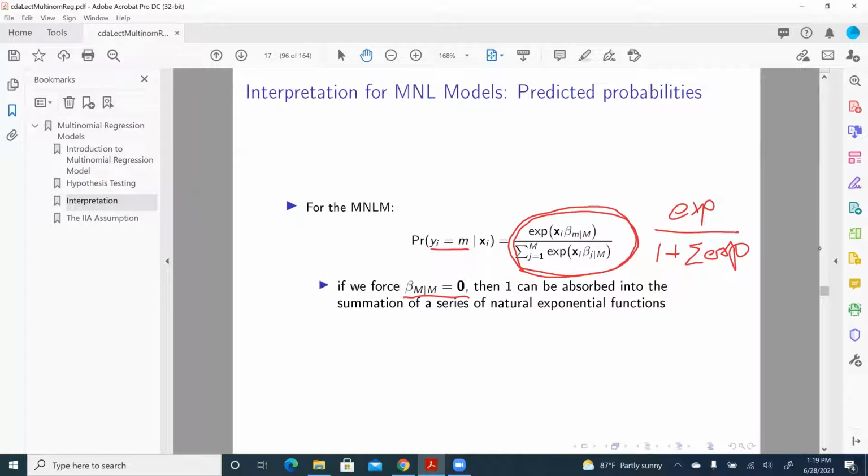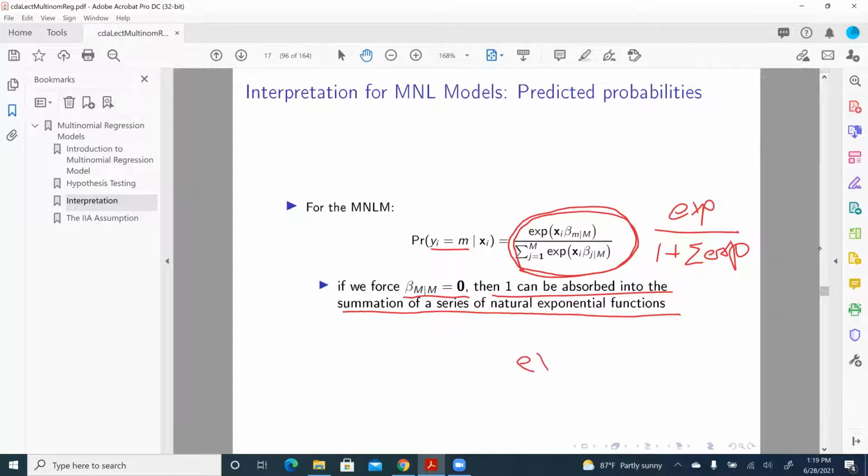If we force the regression coefficient vector of m over n, that is, the odds comparison of capital letter M versus the reference category M, they're the same, equal to 0. If you recall my discussion in one of the previous slides, then 1 can be absorbed into the summation of a series of natural exponential functions.